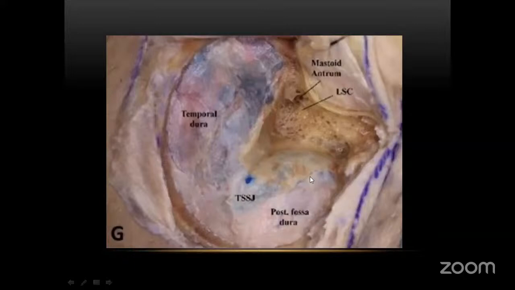One at the level of this one, that is the sigmoid area, parallel to the sigmoid here. Another cut in the temporal lobe, because we are exposing the temporal side and the posterior fossa.